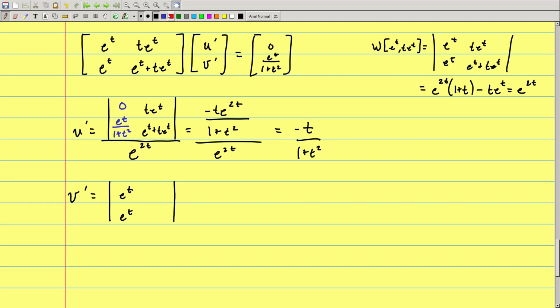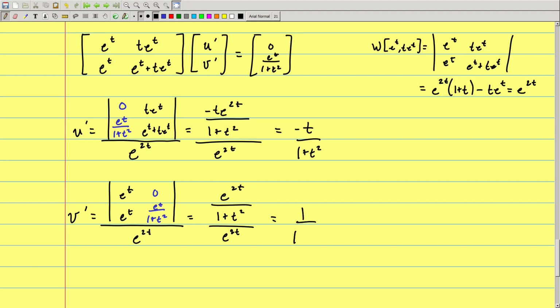For v prime, we have e to the t and e to the t here, and then 0 and e to the t over 1 plus t squared, and in the denominator, e to the 2t yet again. For the numerator, we're going to have e to the 2t over 1 plus t squared minus 0, and then e to the 2t in the denominator of the compound fraction.